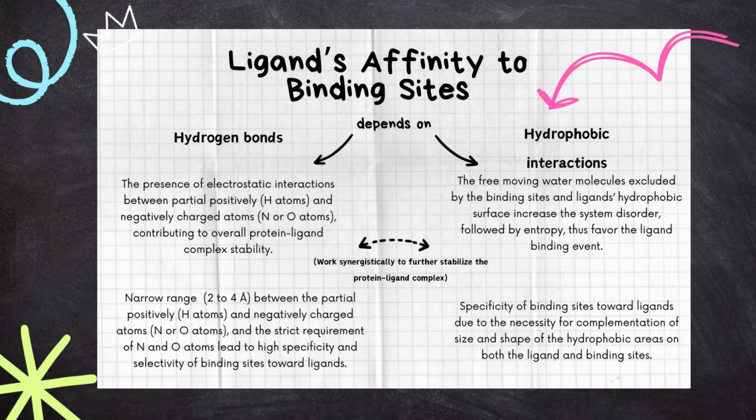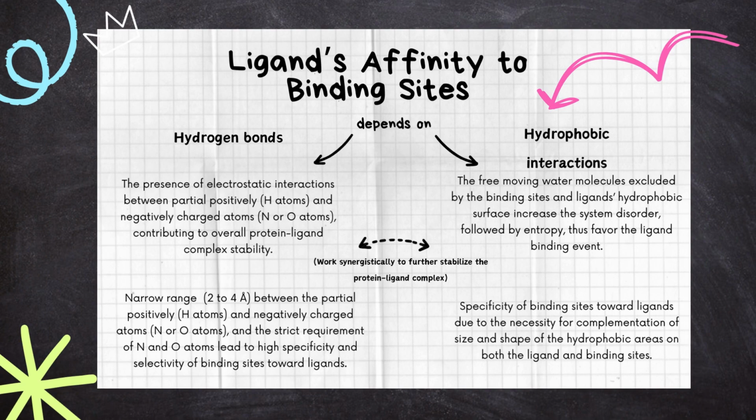Differences in ligand binding affinity toward binding sites of the riboflavin synthase protein shown are contributed by hydrogen bonds, which are the electrostatic interactions between a partially positive charged atom, hydrogen, and a partially negatively charged atom, nitrogen or oxygen, that contribute to overall protein ligand complex stability.